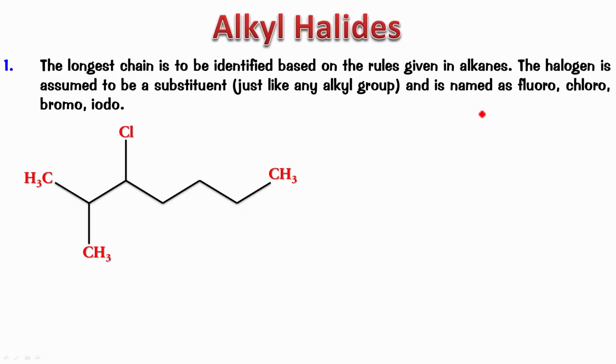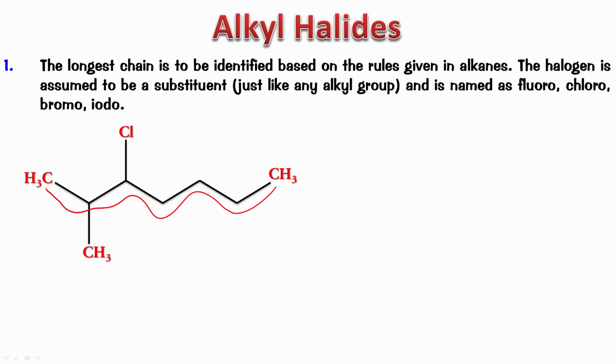Now here, we're going to look at the longest carbon chain. Obviously, the longest carbon chain happens to be this. Now comes the question of how we're going to number it. Remember the numbering rule of alkanes? The numbering is done so that we get the lowest number for the substituents.